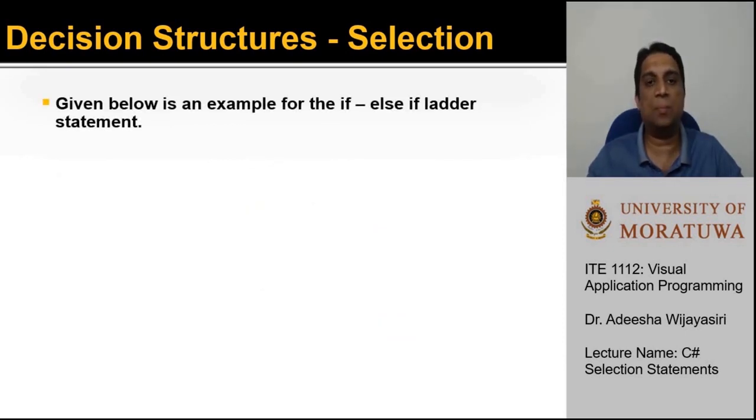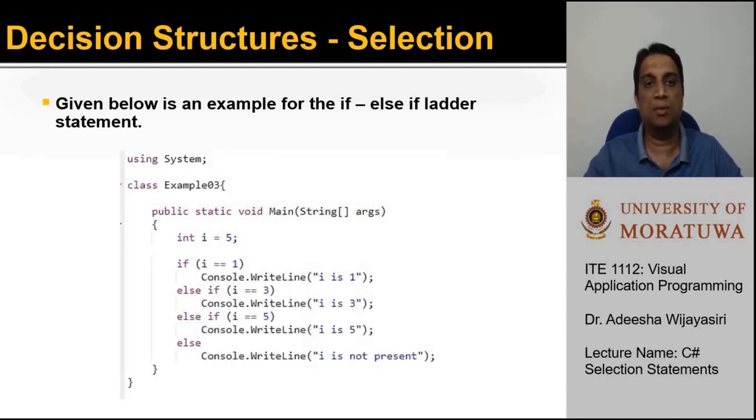You can see an example of if-else if ladder in this slide. One thing to notice here is that we have only single statement for each of the if clauses. So we can omit the curly brackets, as immediate statement followed by the if clause will be executed if the condition of that if clause is true, and that will be enough in this case.